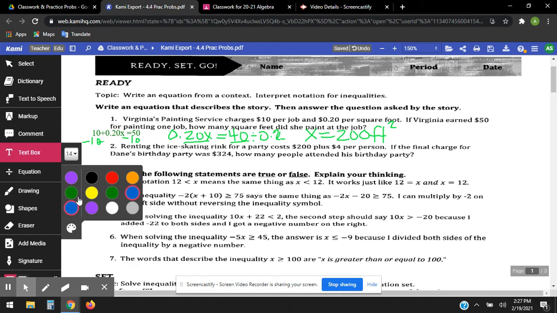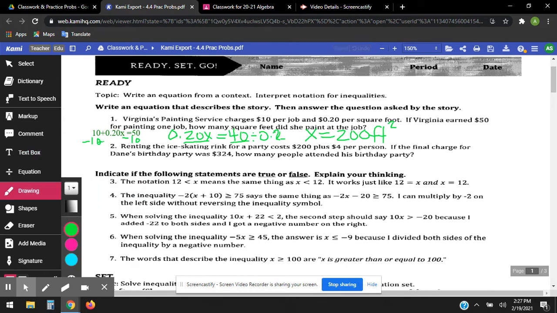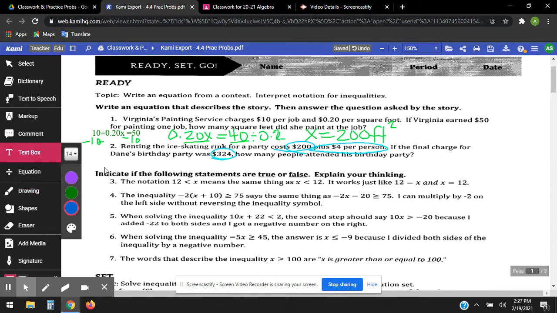Renting the ice skating rink for a party costs $200 plus $4 per person. Kind of uses some math vocab for us. If the final charge for Dane's birthday party was $324, how many people attended the party? Well, let's do our equation first.